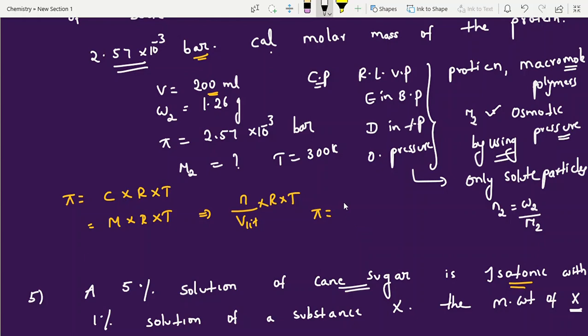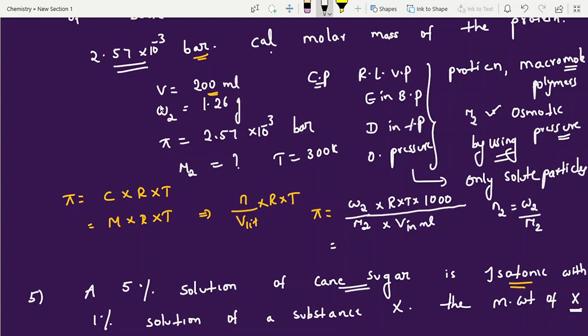So pi equal to W2 by M2 into R into T into 1000 by volume in ml. The volume term is here only. If you take liters, don't take 1000. If you are taking ml, you have to divide by 1000. Then only your answer is perfect.